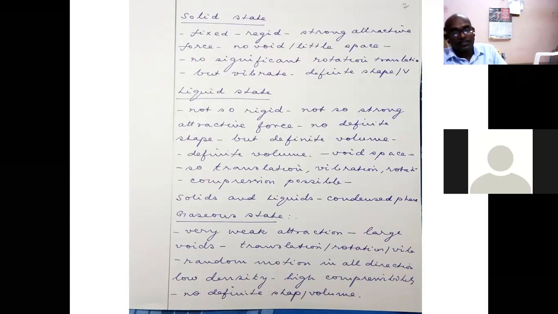Suppose a question is asked: write down the differences among the solid state, liquid state, and gaseous state. You should not present it as you studied in lower classes. It should be more scientific in approach, because in schools you might not have studied the idea about void space, translational motion, vibrational motion, and rotational motion.